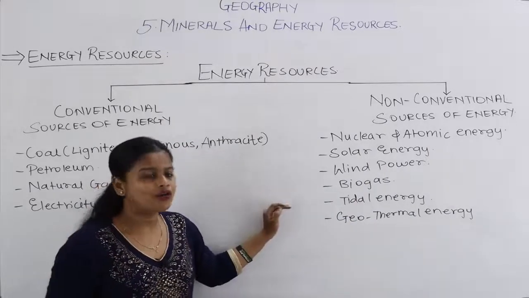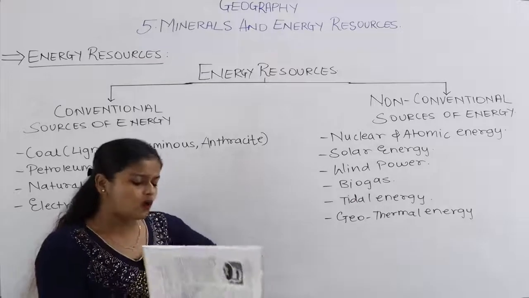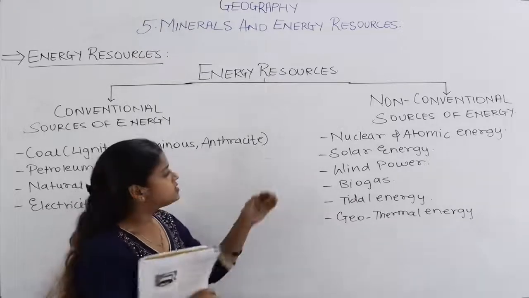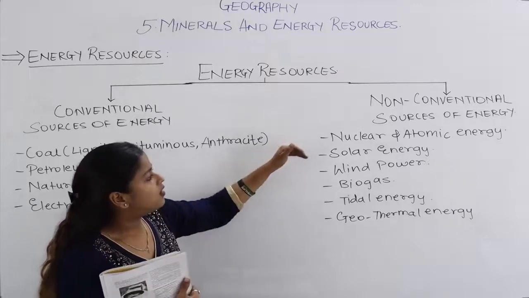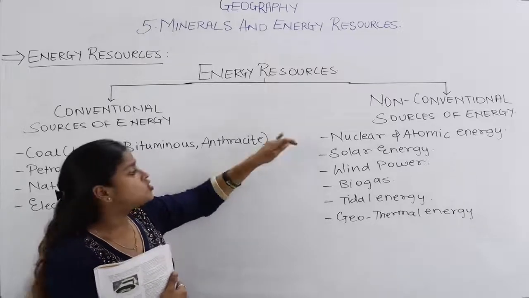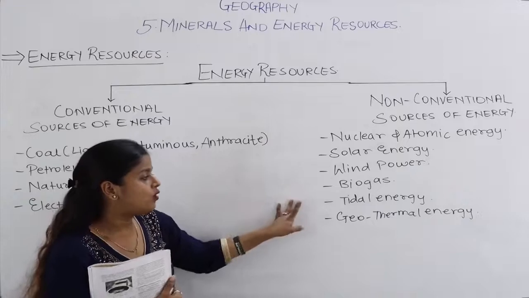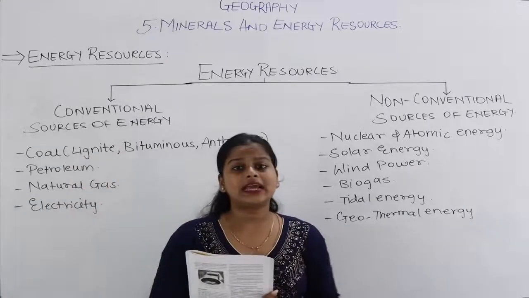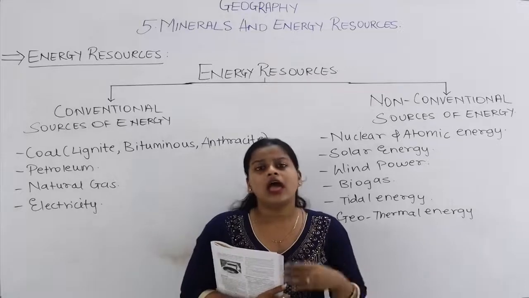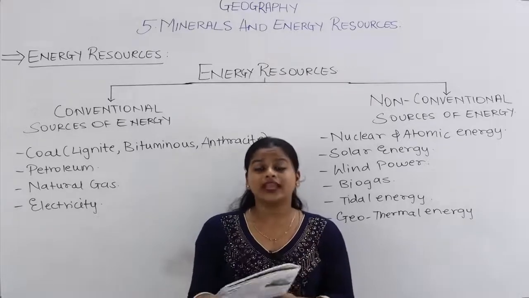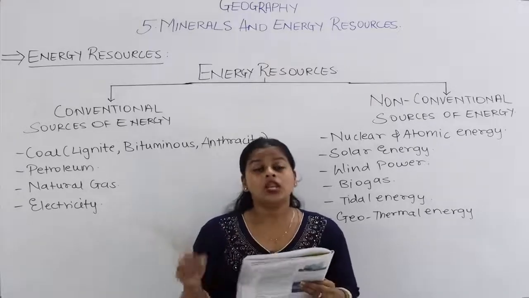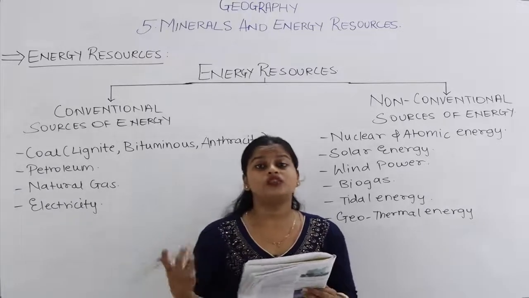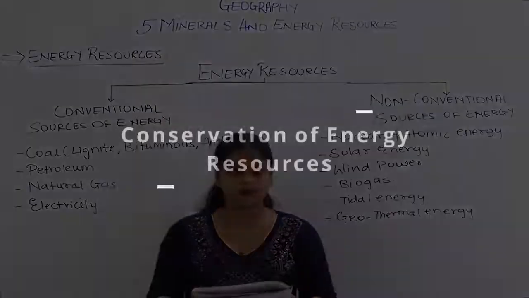These are renewable, and the types of energy here are nuclear or atomic energy, solar energy, wind power, biogas, tidal energy, and geothermal energy. Now you can take a few minutes to note this down, and then we will move on to the next and last topic, learning about conservation of energy resources and how energy can be conserved.